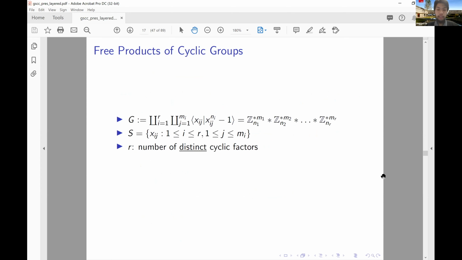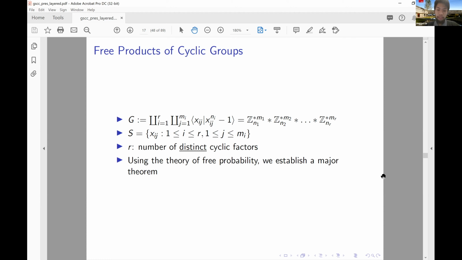Here's the notation for free products of cyclic groups. I'm taking R to be the number of distinct cyclic factors, so each of them might have many identical copies. For each of our copies, we take exactly one generator element, and together these collectively form our generating set. And we'll use free probability.